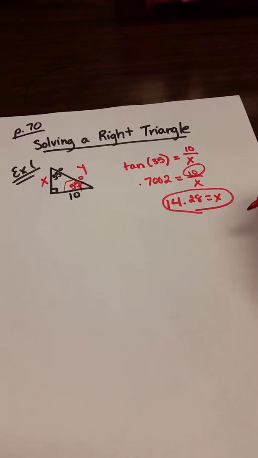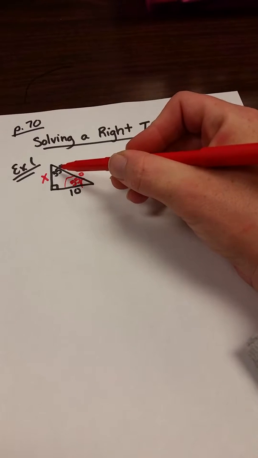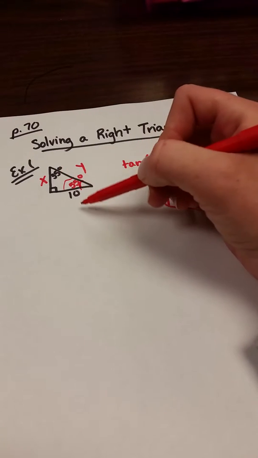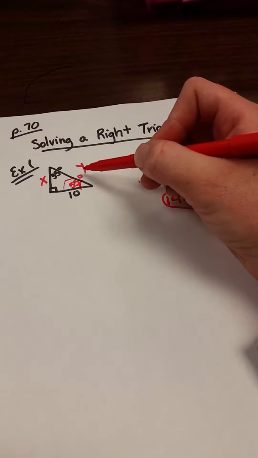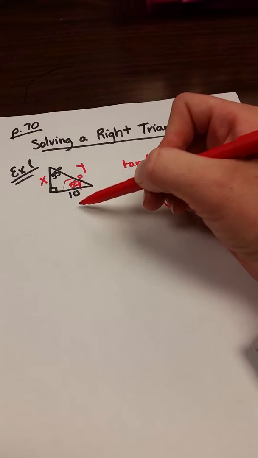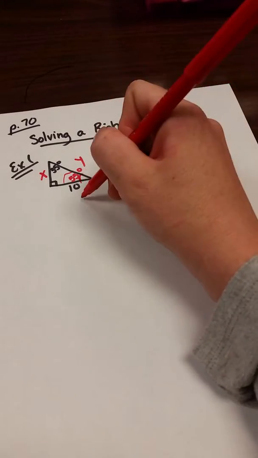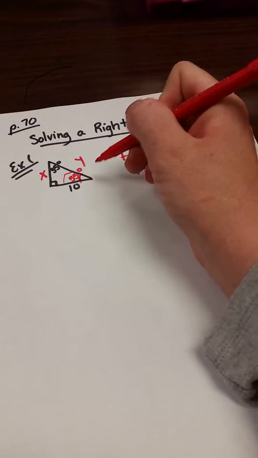So that's my X. For my Y, I'm going to use the 35 again. This 10 is still opposite, but now that I'm trying to find Y, the Y is the hypotenuse. So I've got opposite and hypotenuse. So that is O and H, which is sine.